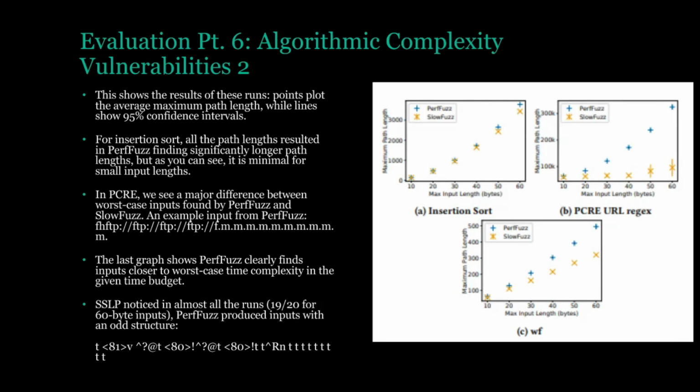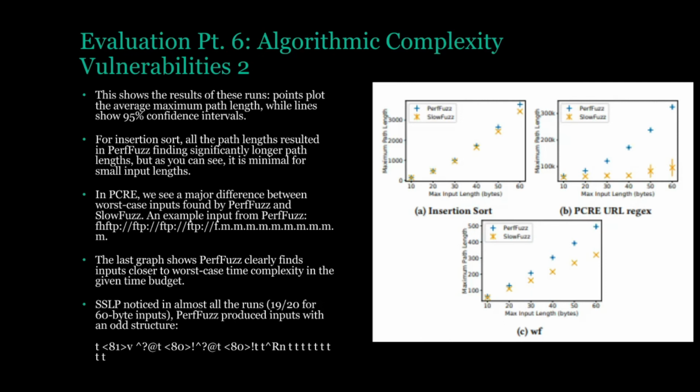For insertion sort, PerfFuzz found significantly longer path lengths, but as you can see, it's only minimal for small input lengths. In PCRE, we can see a major difference between the worst case inputs found by PerfFuzz and SlowFuzz. PerfFuzz consistently outputs inputs that lead to worst case complexity, while SlowFuzz only finds superlinear cases.